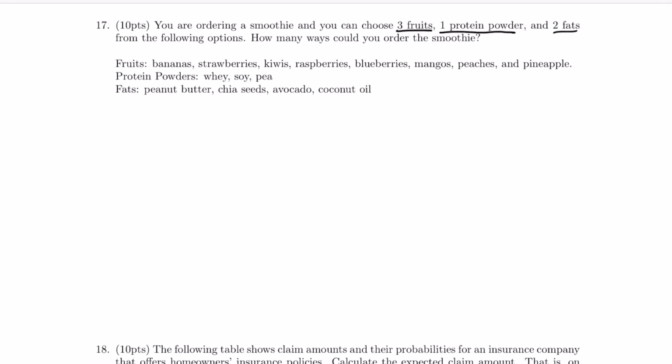So the way I would calculate this is I'd say, okay, well, I have 3 choices for my fruits. And then I have 1 choice for my protein powder and 2 choices for my fats. And then I want to look at how many options do I have.